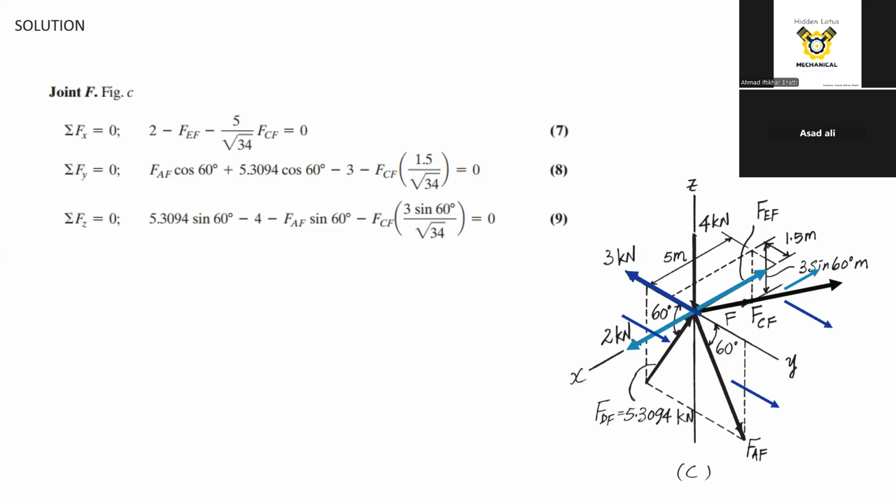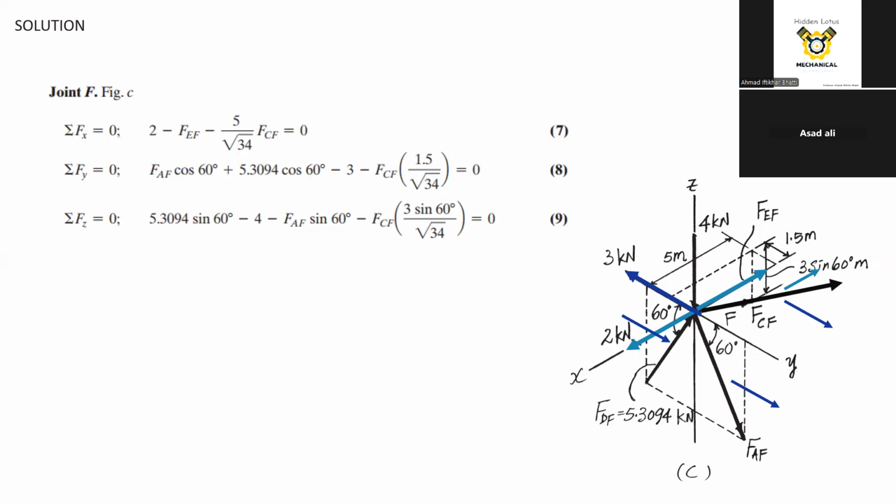And again, we have the force in member AF with cos 60 degrees, while with the member CF, we have 1.5 over root 34.